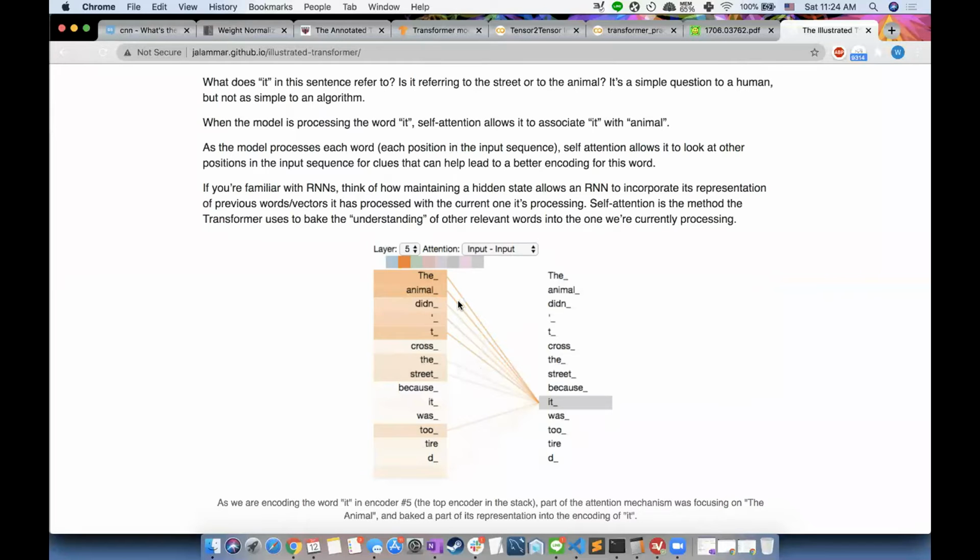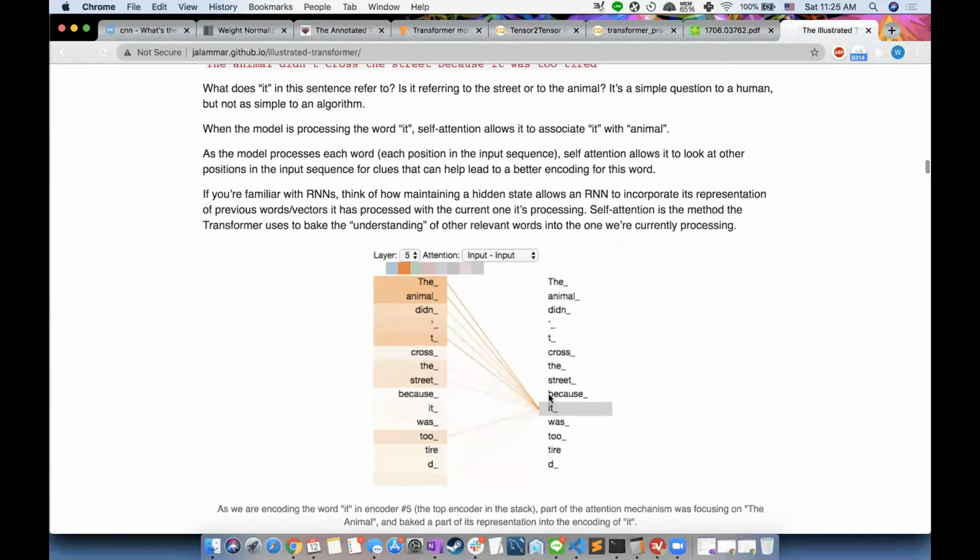And you can see here, these 2 lines represent it the most, and it is the animal. So the model seems to be able to get it right, even though it still has some association with the other words.